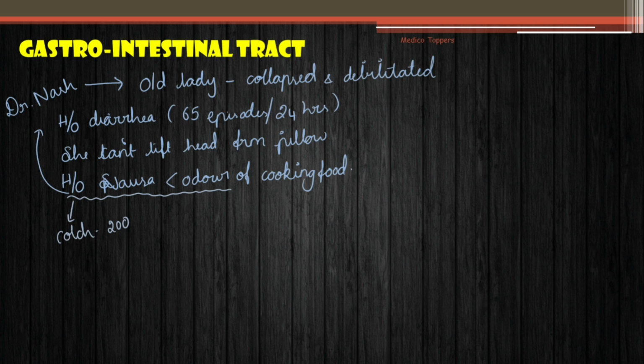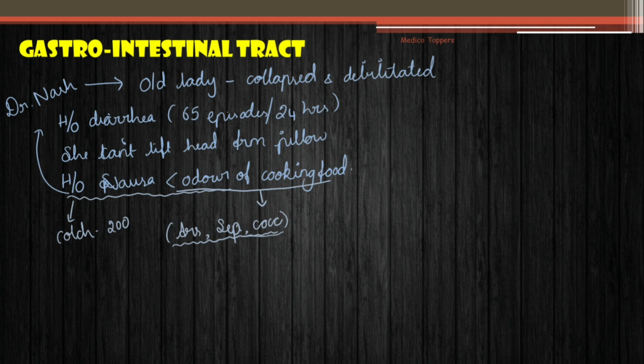And here this aggravation from odor of cooking food can be compared with another three remedies. They were arsenicum album, then sepia, and the last remedy is cocculus. These three remedies we have to think of and differentiate whenever required.